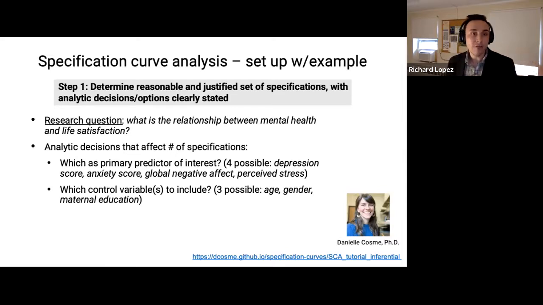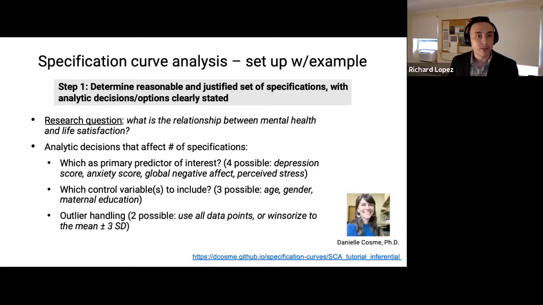But also, if you have reason to believe that these are already established predictors of the outcome measure of interest, you want to control for them because that's already known, and you're identifying maybe a new predictor of the outcome. So I think it's really tricky to decide which set of covariates you include. But at least in this case, there are only 3, just for the purpose of the tutorial.